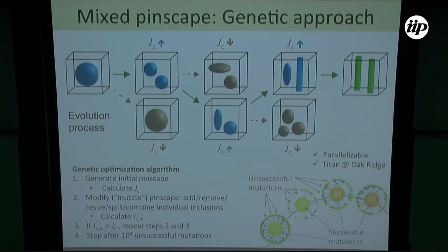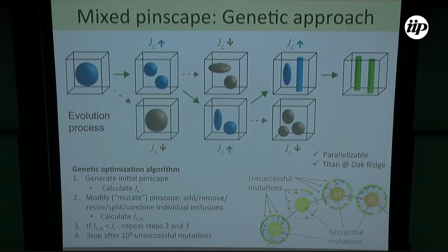So in practice, of course, we need to simultaneously run a lot of these runs, because it requires about 100,000 evaluations of JC, and we do them more or less in parallel. So this algorithm is easily parallelizable, and we run this on Titan at Oak Ridge.